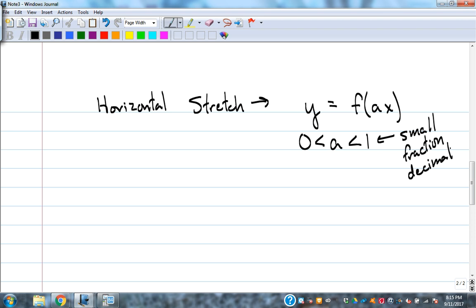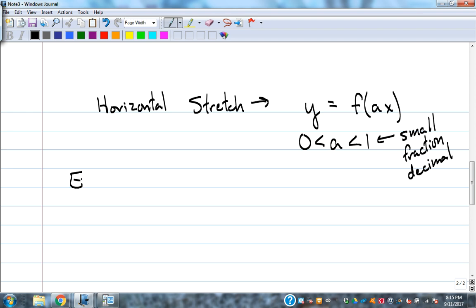If it's going to be a horizontal stretch, it's going to happen on the inside, and that's going to be a small number. Horizontally stretching is like taking the silly putty with a picture of Calvin on it and going like that. It widens him out. It looks like it shrinks it down too, but it's really just a horizontal stretch. It widens it out. That's what we're after here.